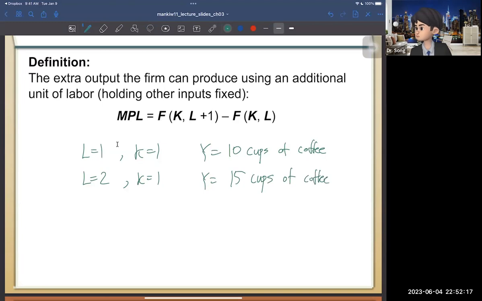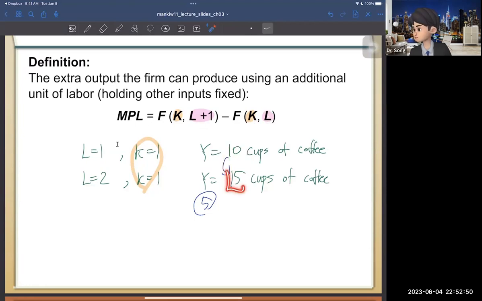So then this second person's contribution to the output is 5. So then you can understand this equation. You don't touch the capital, right? So that means that here the espresso machine is the same, 1, right? You didn't touch it. But then you have one more person, so L plus 1. And you compare with when you have one less worker. So you have 2 workers and 1 worker and check the difference. So here, like I did, 10 cups of coffee, 15 cups of coffee.